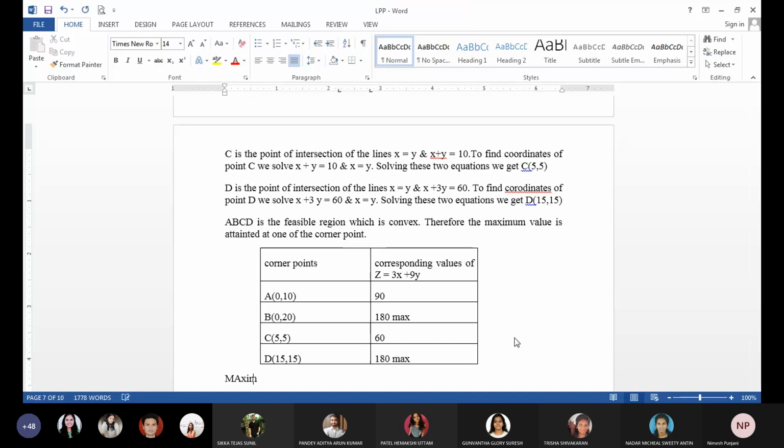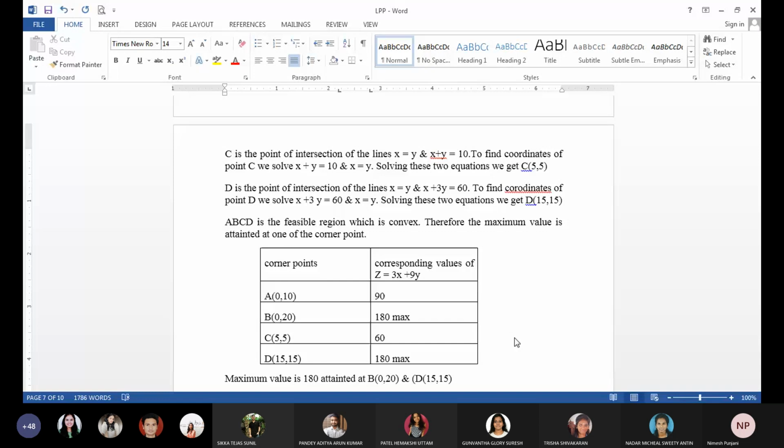So the maximum value is 180, attained at B (0, 20) and D (15, 15). Okay, the maximum value is 180, which is attained at 2 points, B and D.